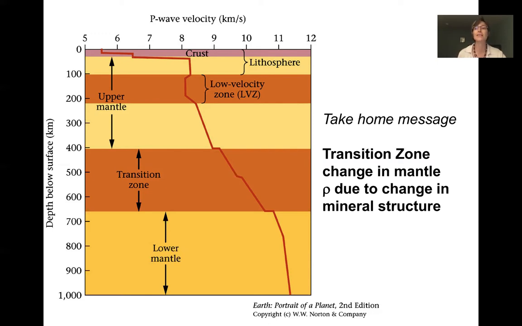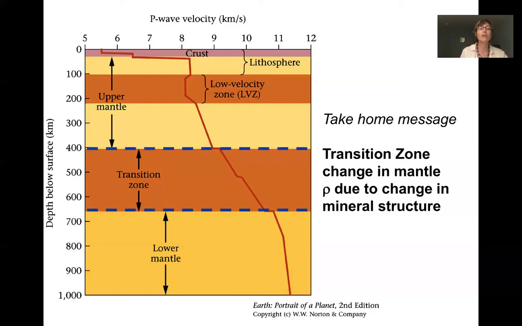The take-home message today is that we believe that these are due to changes in the density of the rock in those areas, and the density increases dramatically as we have basically a metamorphic change from one mineral phase to a different mineral structure.